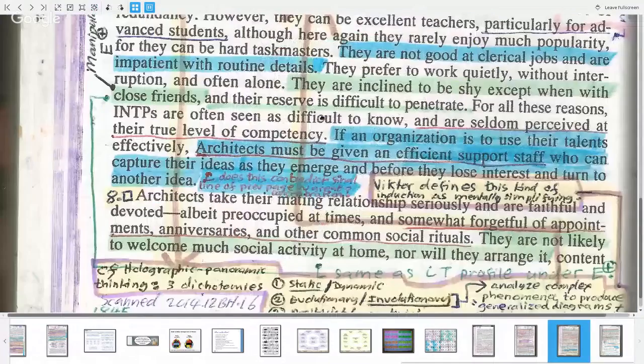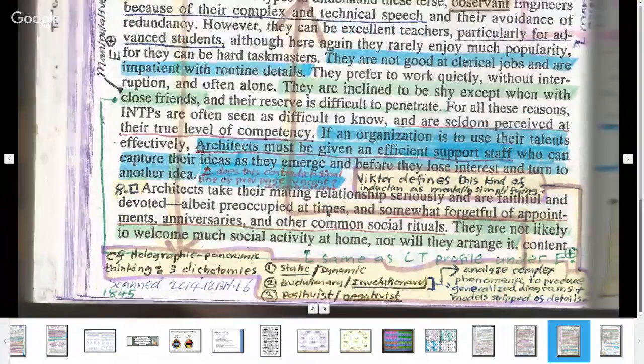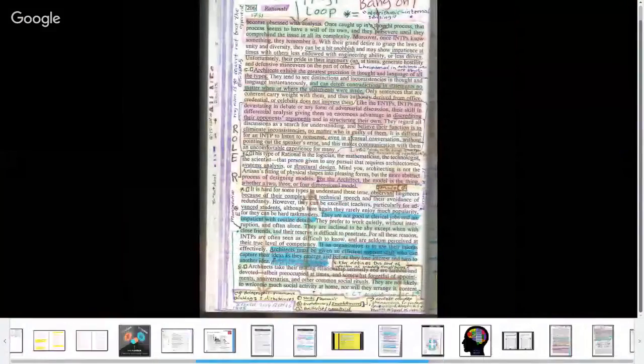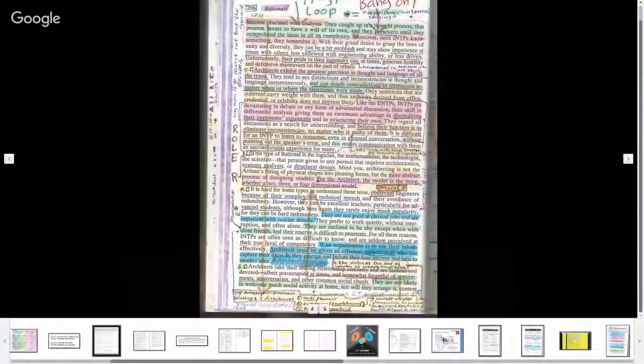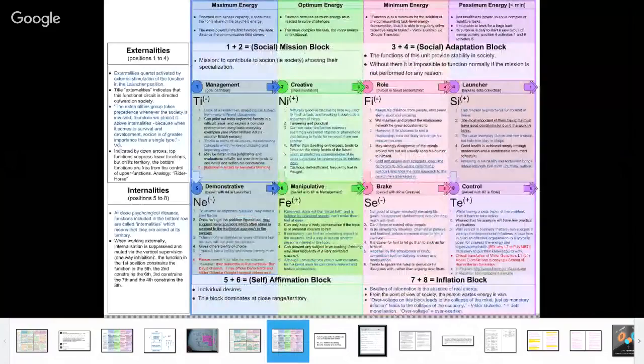If an organization is to use their talents effectively, architects must be given an efficient support staff who can capture their ideas as they emerge before they lose interest and turn to another idea. Not good at the implementation. We're now going on to another. And now we're going to go back to the graphic.